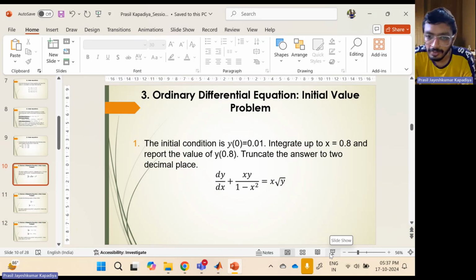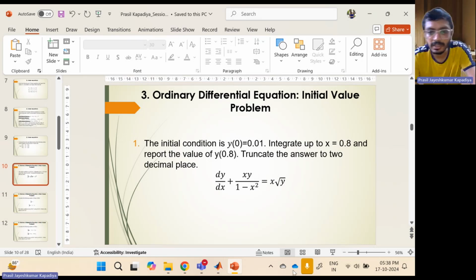So we are supposed to find the value of y at x is equal to 0.8. Truncate the answer to two decimal places. And my equation is dy/dx plus xy/(1 minus x square) is equal to x times square root of y.